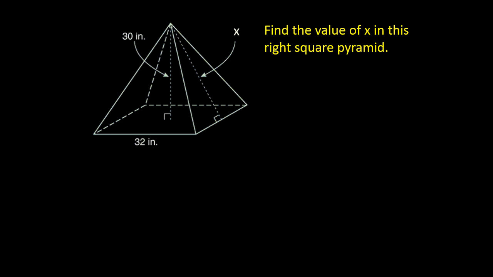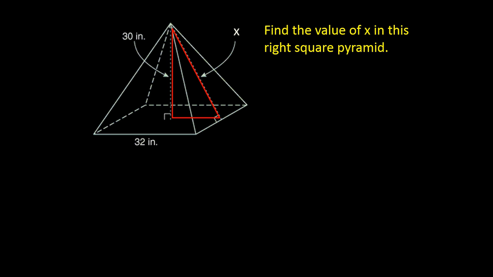Now we need to be able to see a right triangle in this picture, and there's actually several of them, but we need to be able to see a right triangle that has some useful measurements that we know. The right triangle's right there. It has a hypotenuse that's equal to that line segment that we're trying to find the length of, that x.